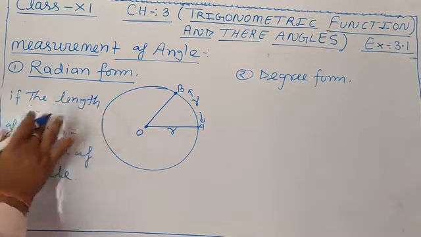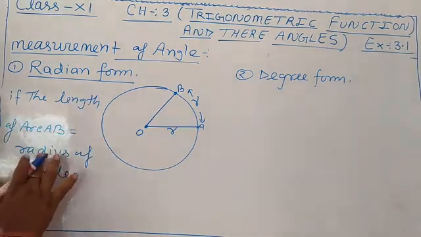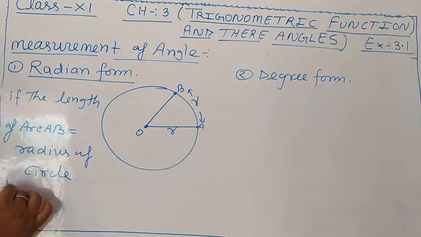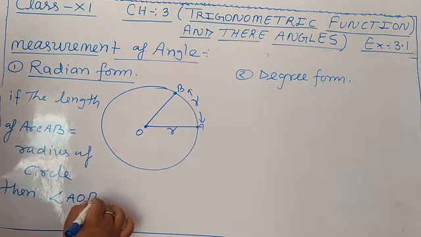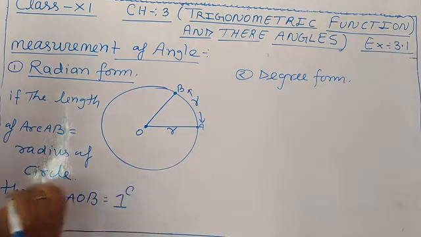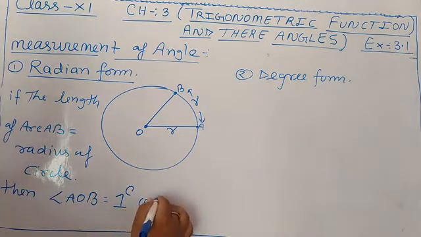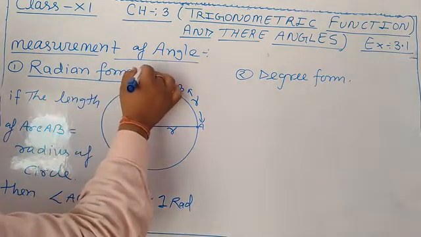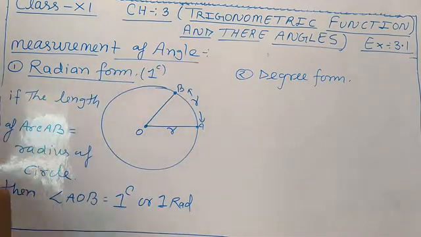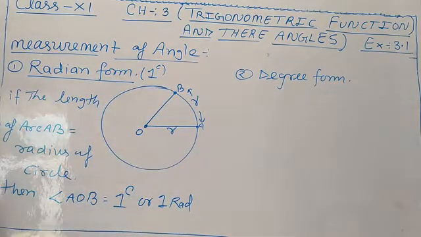If the length of arc AB is equal to the radius of the circle, then angle AOB is equal to 1 radian. Angle AOB is equal to 1 radian.